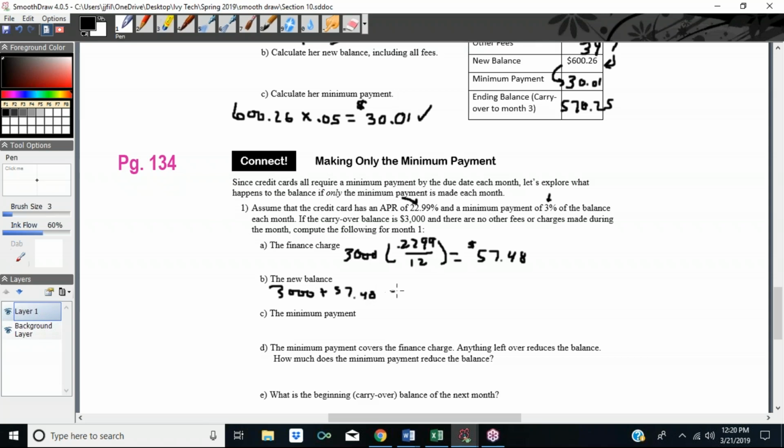So it's going to be 3,057.48. And then we want to find the minimum payment. That's that 3% right here. So we're going to take 3057.48 times 0.03.